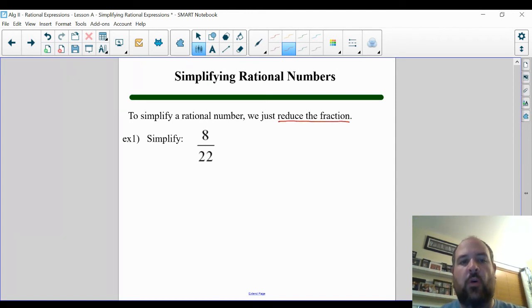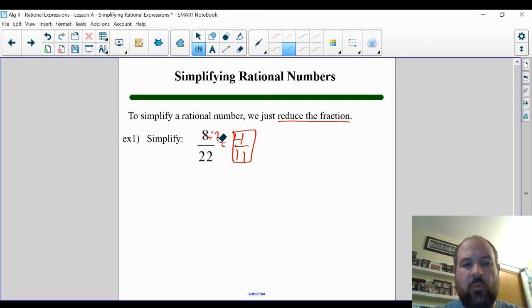Now, I'm sure that we all know how to simplify 8 over 22. Think about it for a second. 8 over 22 should reduce, in this case, to 4 over 11. Now, the question is, how do I know that it's supposed to be 4 over 11? The idea is that we're dividing each of the numbers here, the numerator and the denominator, by a common factor, meaning in this case, both 8 and 22, since they're even, can both be divided by 2.